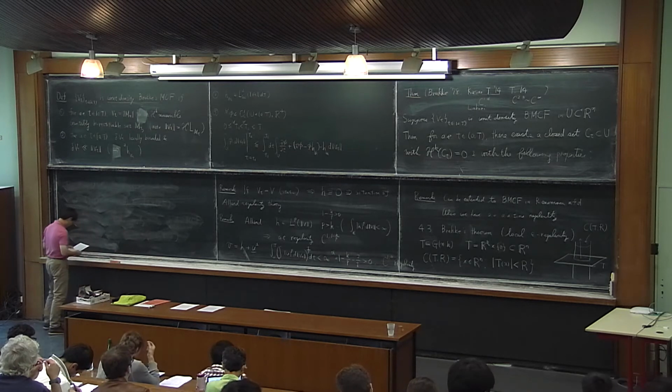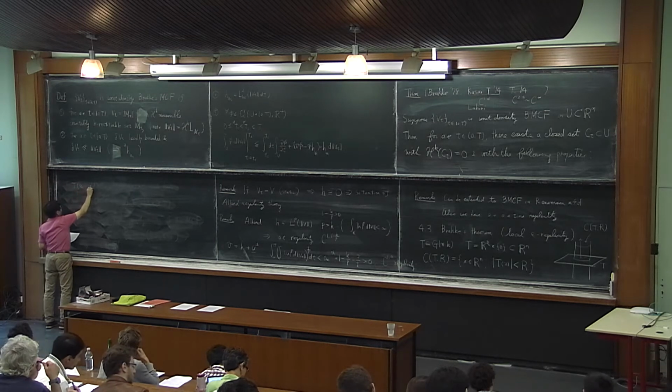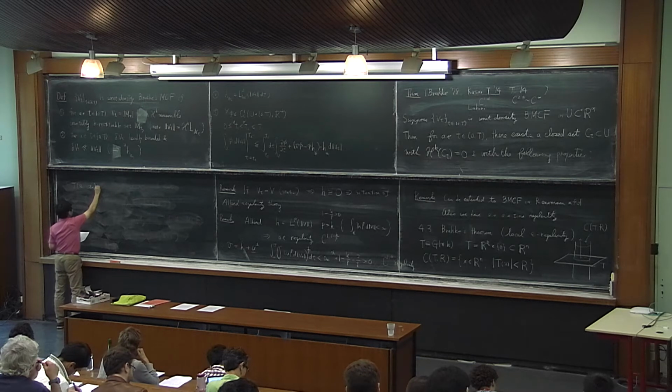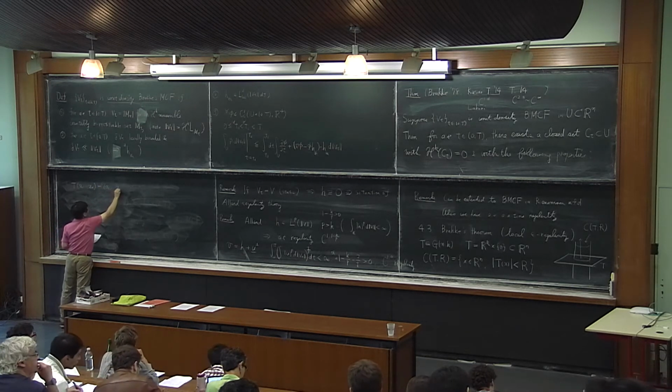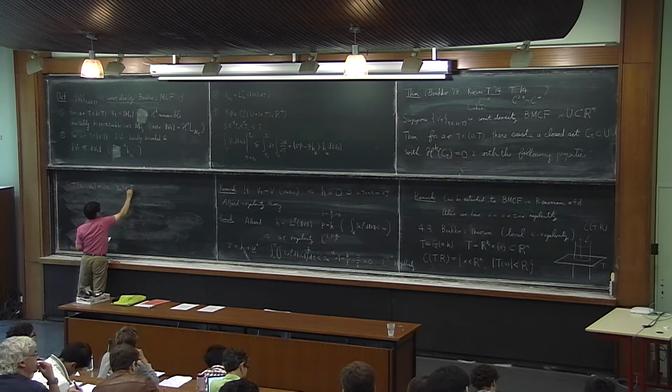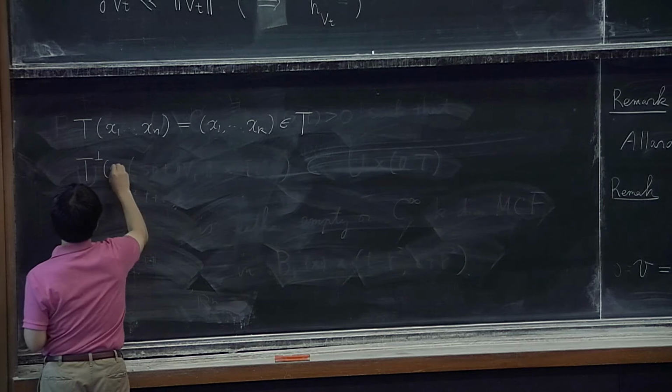And let's see what else. If you think of this T as a projection map to this plane, then T perp is the orthogonal projection.